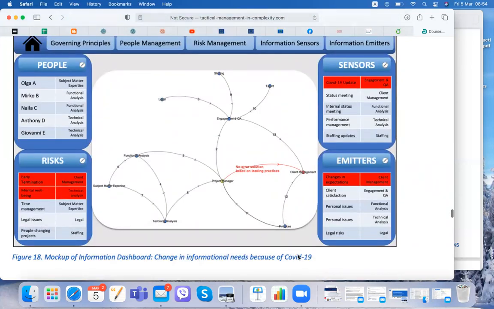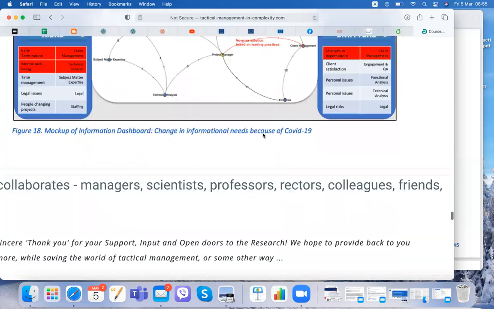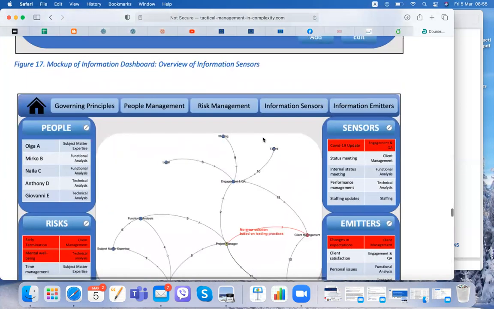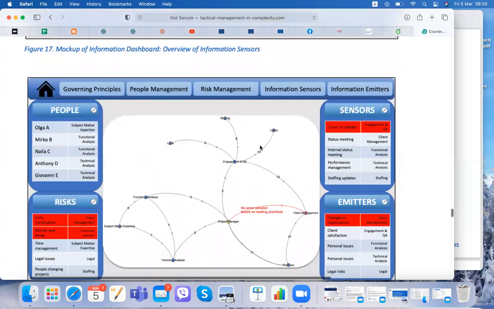Here, because of COVID, there were changes. So you see here the red changes, the COVID-19 update. Okay, yeah, that's the sensor. Engagement and quality assurance changed. I don't have it now here. I will open his thesis. It changed to more frequently. And one of the principles they had in Deloitte is to always go on premises to the client, at least in the first 5 months, for example.